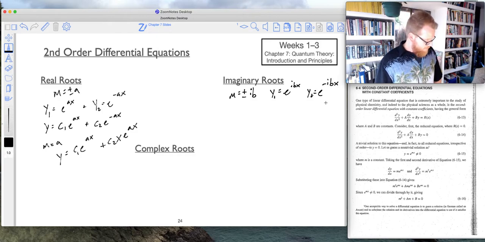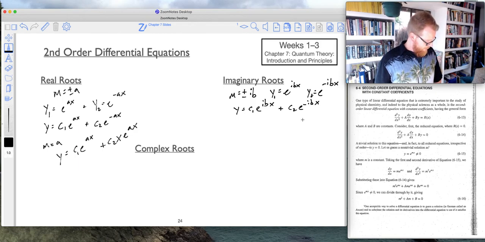My general solution would be y equals, and once again, some normalization constants that we need to determine, c1 e to the ibx plus c2 e to the negative ibx.